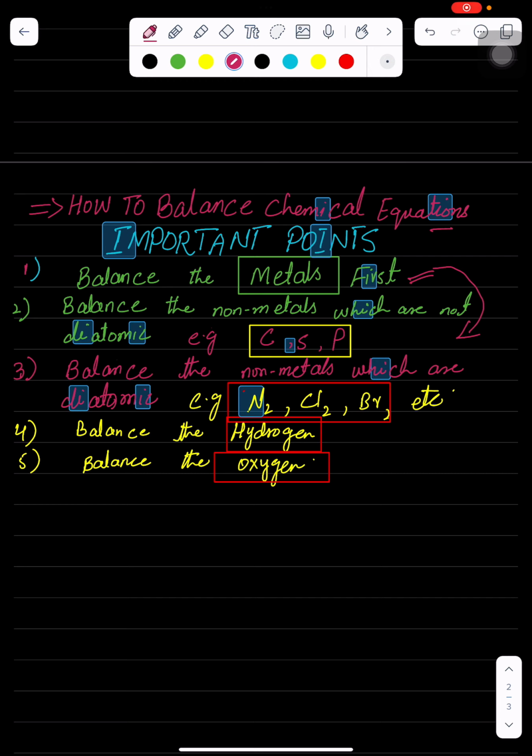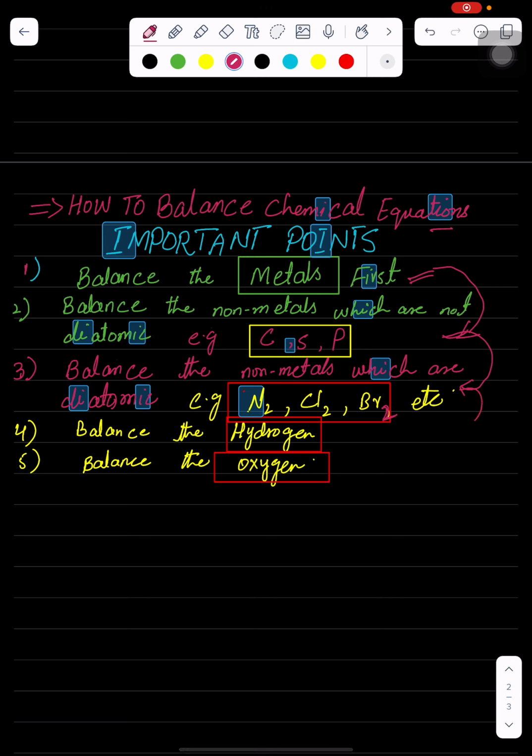If there are no elements of this category, move to the next point: non-metals which are diatomic, like nitrogen N2, oxygen O2, chlorine Cl2, and bromine Br2. Balance these.